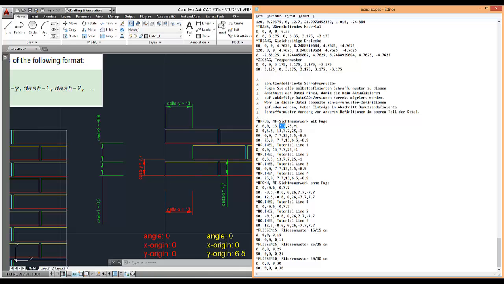And then there's the dash values, 25 for the line and minus 1 for the blank in between lines.